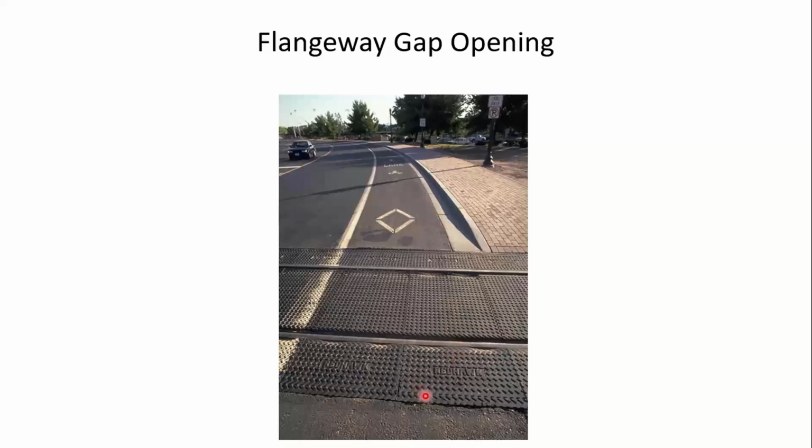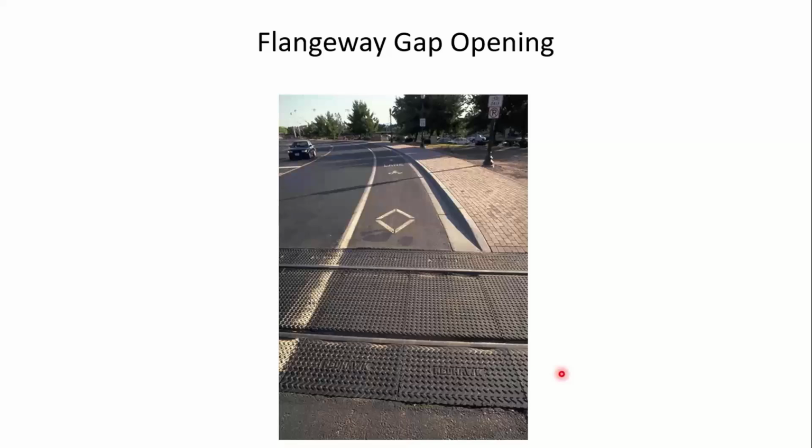And just quickly, it's interesting, the first draft of PROWAG, when it came out in 2002, said that at sidewalk crossings, or where the path crossed the railroad track, there needed to be what they called a flangeway gap filler. And I guess the idea was that when no train was present, that gap would be filled with this filler material. And then when a train came through, the gap would compress or depress, whatever the word is, to allow passage of the train.